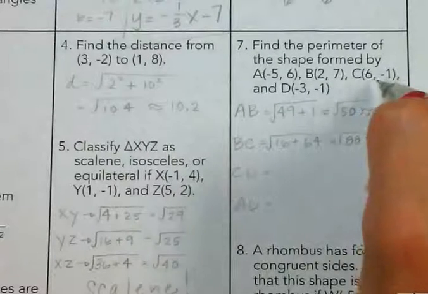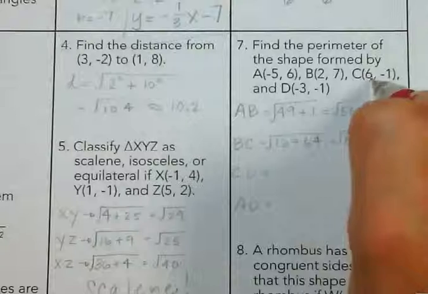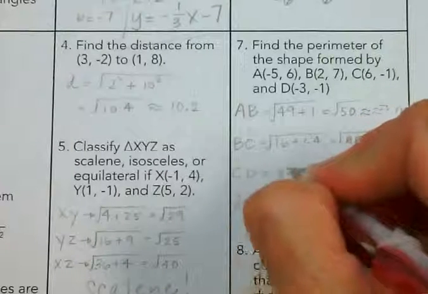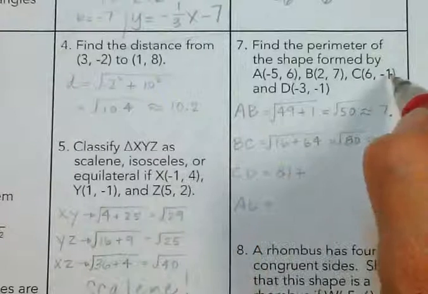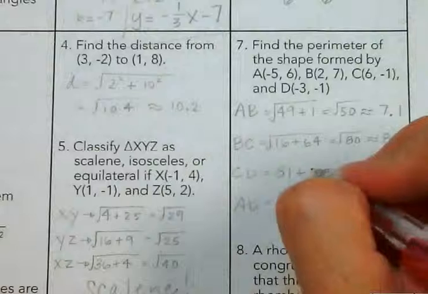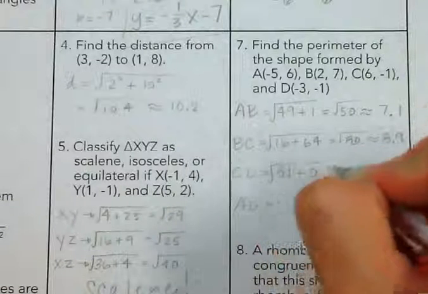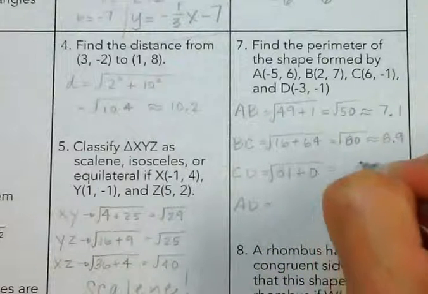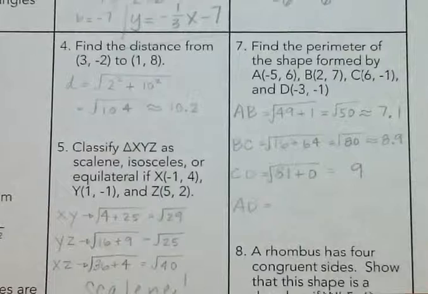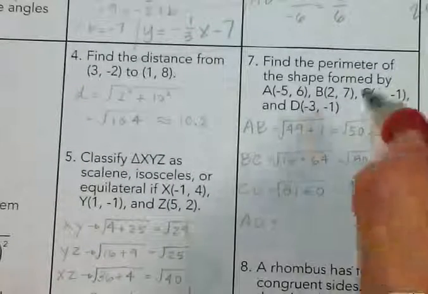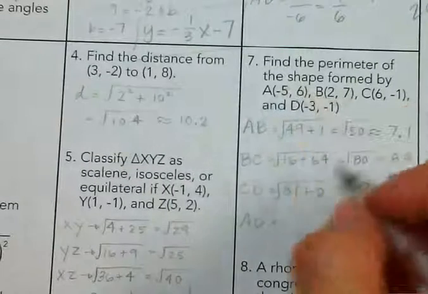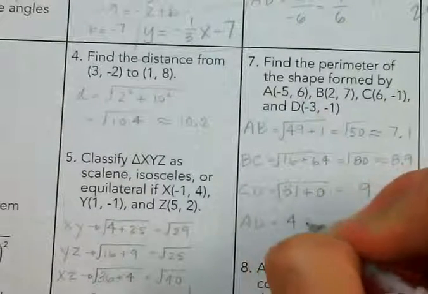All right, so the difference between C and D, so that is 9, square that, we get 81. The difference between negative 1 and negative 1 is nothing, so square that, we still get nothing. So this is the square root of 81, which means that side is 9. And then AD, last one, from negative 5 to negative 3, that's 2 squared.